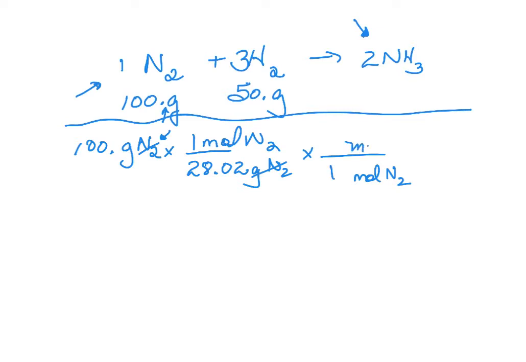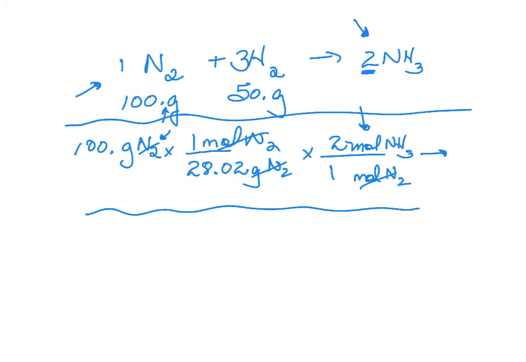And I'm trying to get to the product, which is NH3, and there's a 2 in the balanced reaction with that. All right, so if I were to stop now, I can stop now. 2 moles of NH3. You could take it to grams if you want to, but it's a little bit less work to stop at moles.